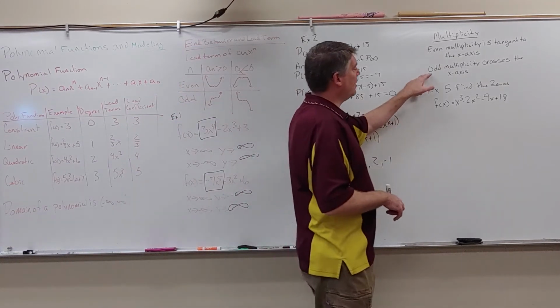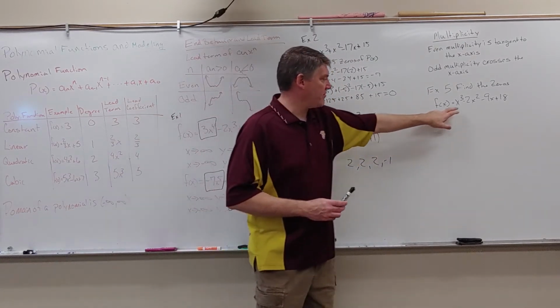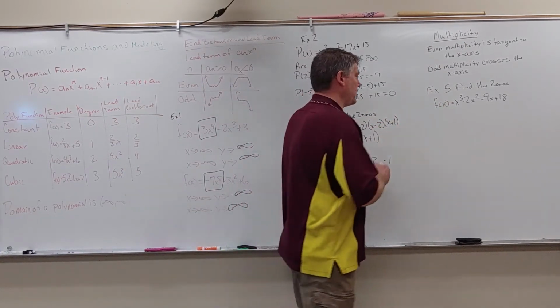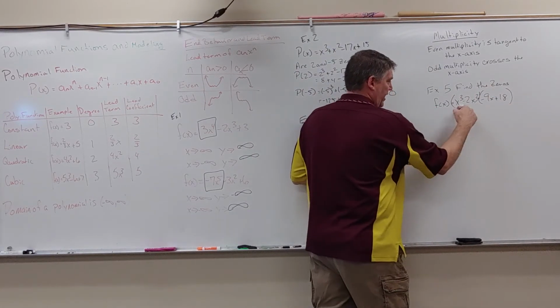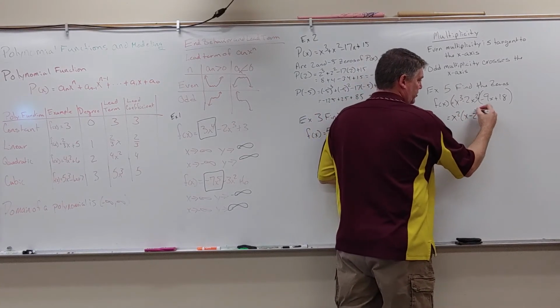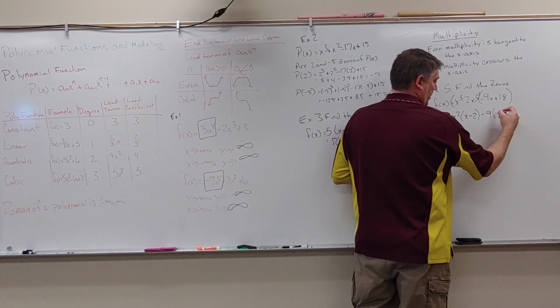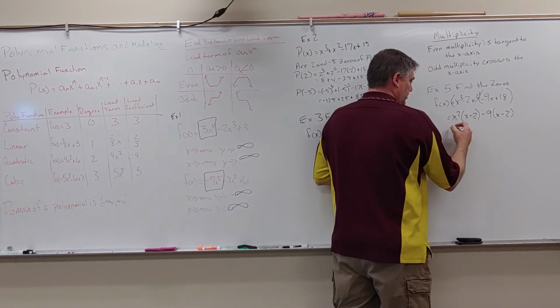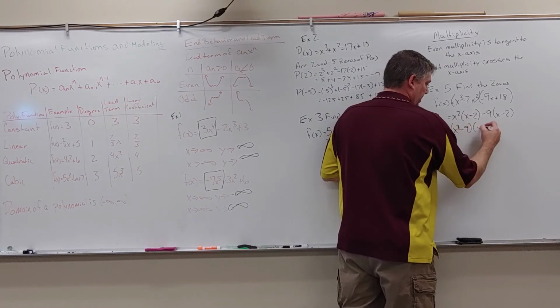Okay, so here it says find the zeros. I know that I have 3 zeros here. So what I'm going to do is I'm going to do some grouping techniques. And here I'm going to pull out an x squared. So that gives me x minus 2. Here I'm going to pull out a negative 9. And that gives me x minus 2. So now I have x squared minus 9 times x minus 2.